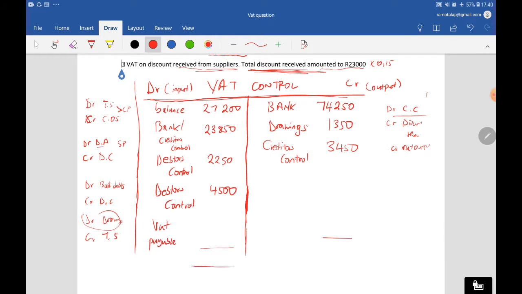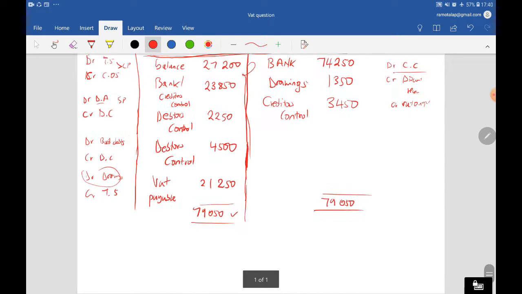You add these, they'll give you 79,050, and VAT payable will be this, subtract all of these, which will give you 21,250. So that's VAT payable to SARS. You'll have a credit balance.